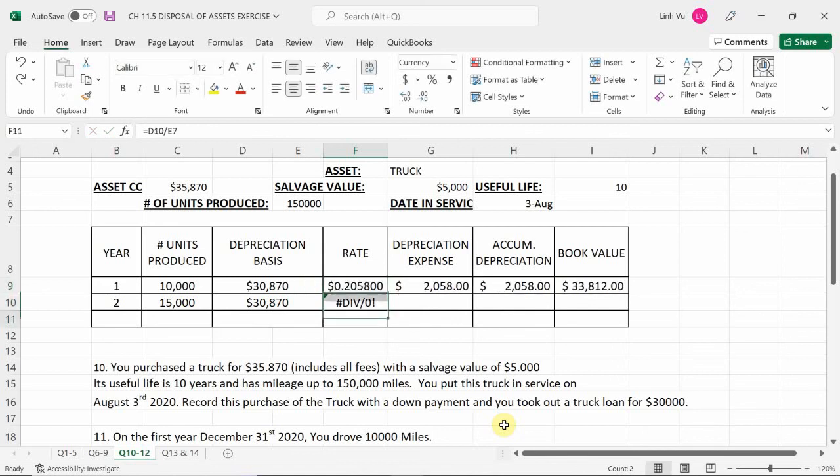Okay, so here you go. So it's going to be depreciation basis divided by the total units. Okay? Same number. Okay? So then, how much is it going to be my depreciation expense if I drove this time 15,000 miles at 20.58 cents per mile?